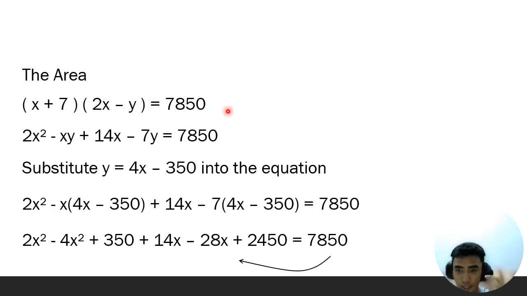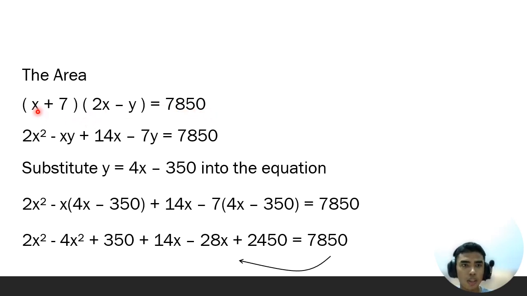So the next, the area slide over here. We have the rectangle, the bottom of the rectangle and the side of the rectangle. So two times together will be the area of the rectangle. As stated over here, the area of the rectangle is 7,850.